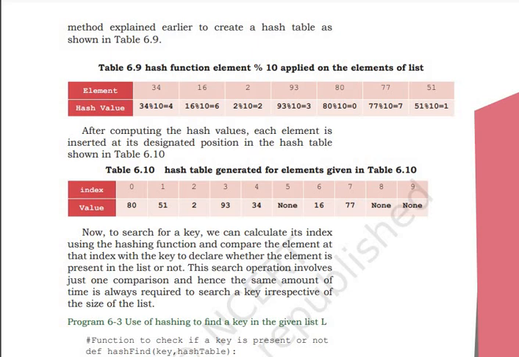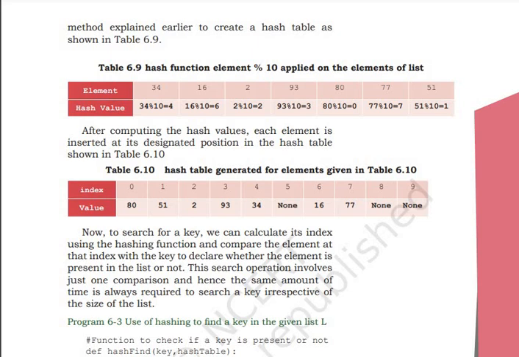We created a hash table with 10 elements, so each and every element mod 10 is applied. 34 mod 10 is 4, 16 mod 10 is 6, 2 mod 10 is 2, 93 mod 10 is 3, 80 mod 10 is 0, 77 mod 10 is 7, and 51 mod 10 is 1.